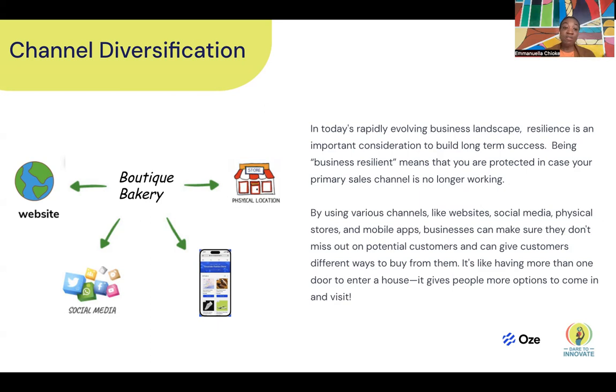We have this lovely diagram that explains very clearly what it means to have a diversified sales channel. Boutique Bakery is an example, and this is the business that will be with us throughout this program. Channel diversification here means that not only do they have a physical bakery where they sell their products, they also have an OZE shop, which we will cover in later slides.